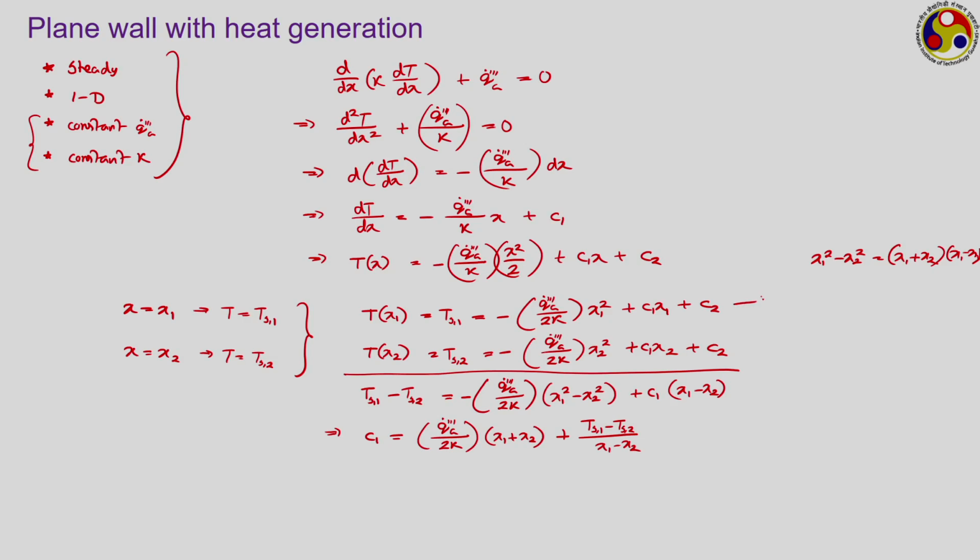So, C 2 we can get by putting the expression for C 1 in any of these two equations 1 and 2. Let us put in 1. So, putting in 1, we have T s 1 to be equal to minus of q 0 triple prime upon twice k into x 1 square plus C 1 x 1.